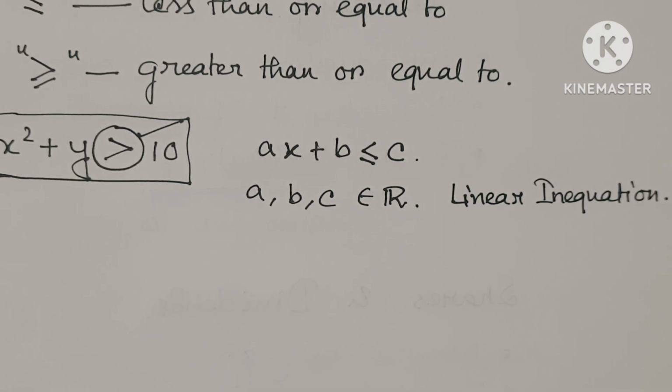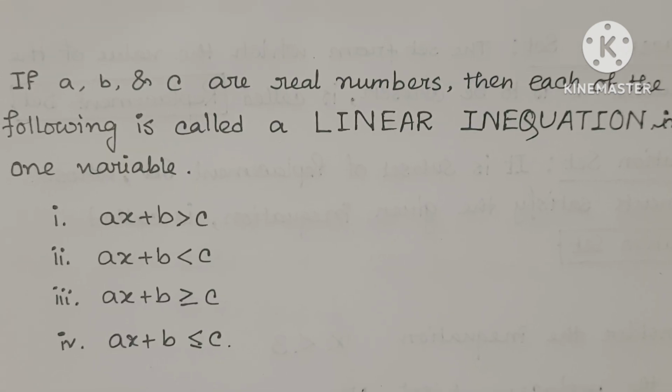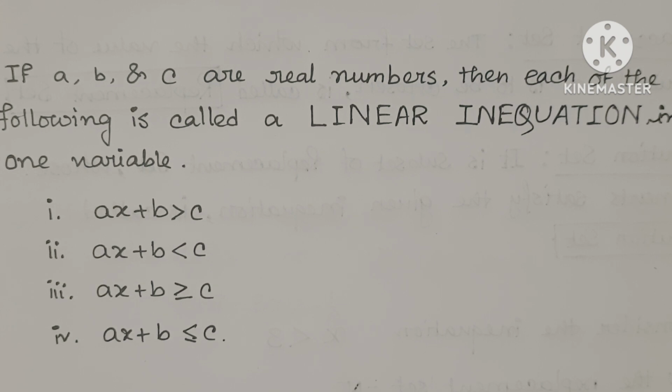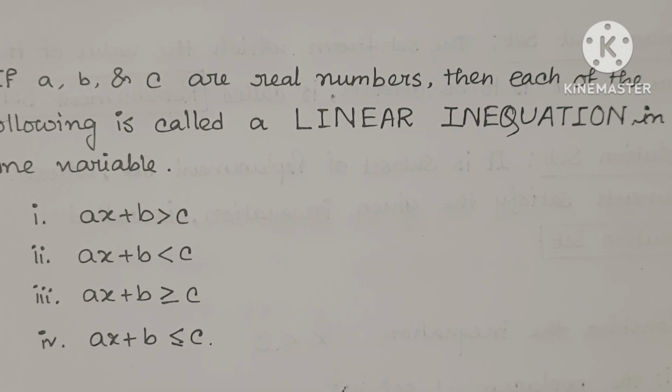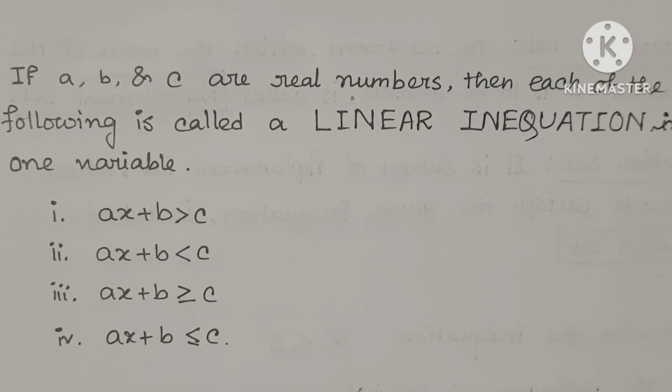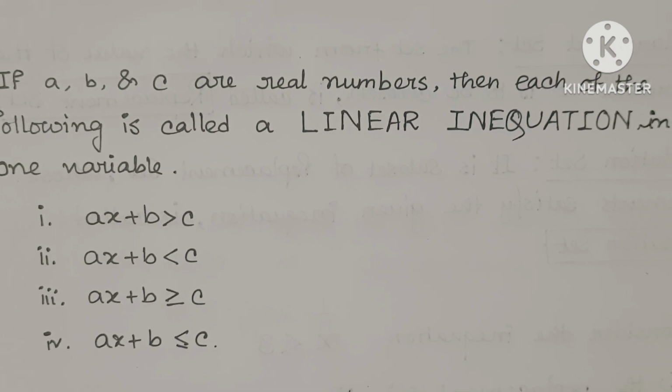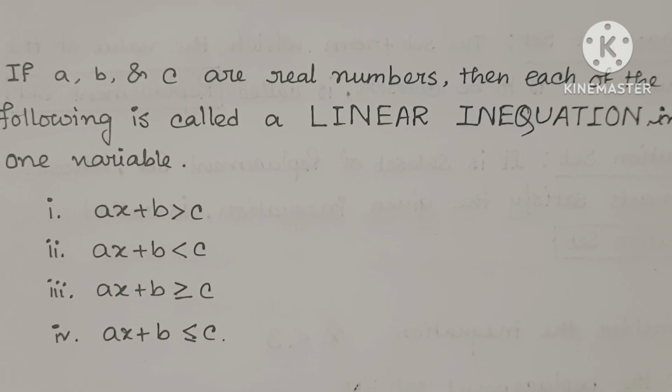So what is the definition of linear inequation in case of one variable? If A, B and C are real numbers, then each of the following is called a linear inequation in one variable.